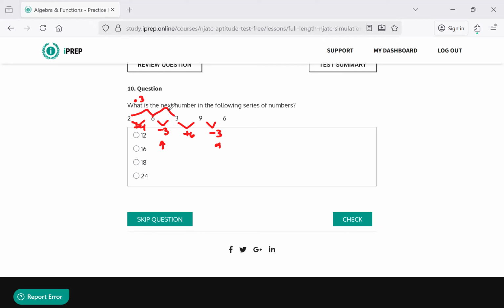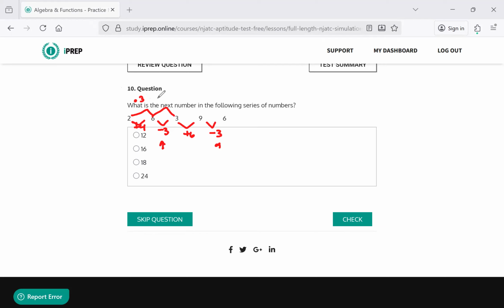And then what do you have to multiply 6 by to get 3? Oh no, I think you have to subtract 3. Maybe we'll have to do a multiplication and a subtraction.